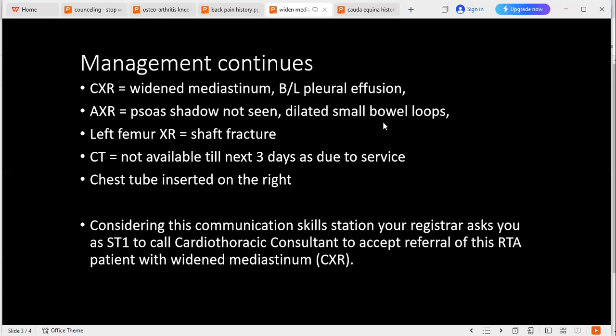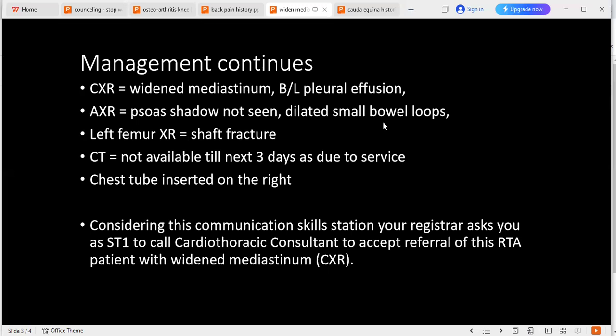I will be very happy to come with the case, but I will make sure that there is someone covering me at my position in the hospital. Why do you refer this patient? Yes, this patient has widened mediastinum.